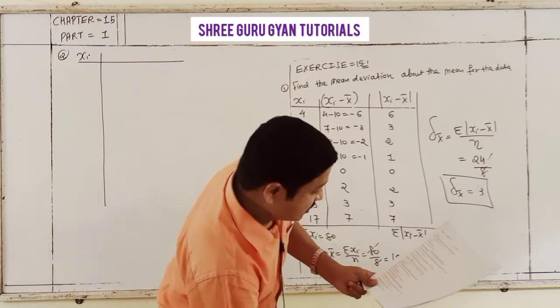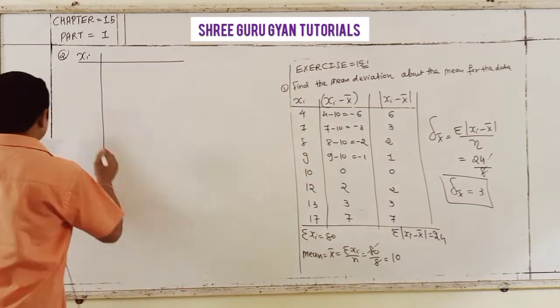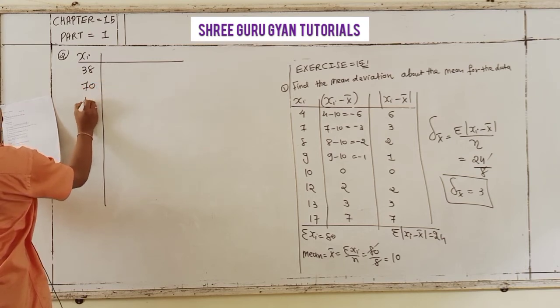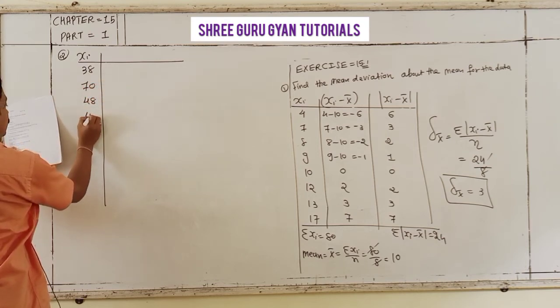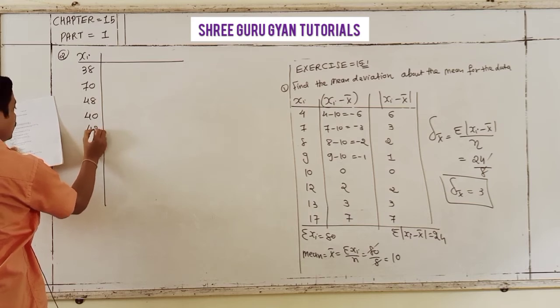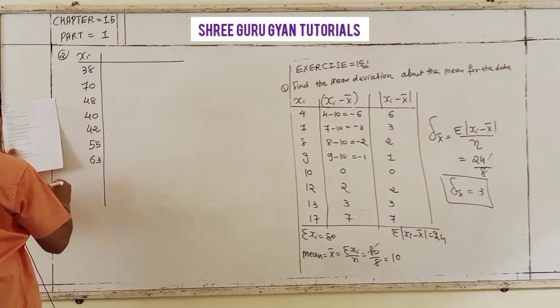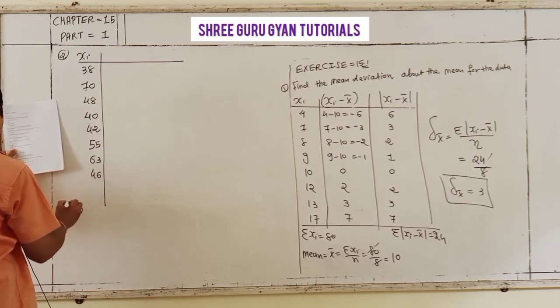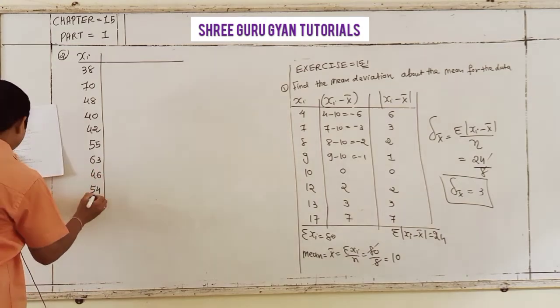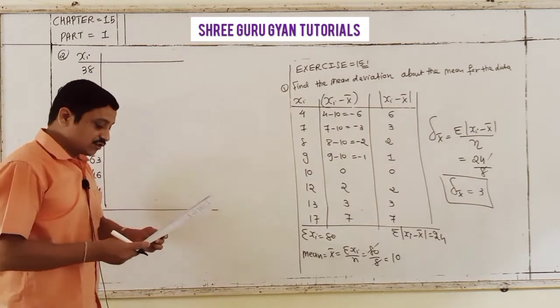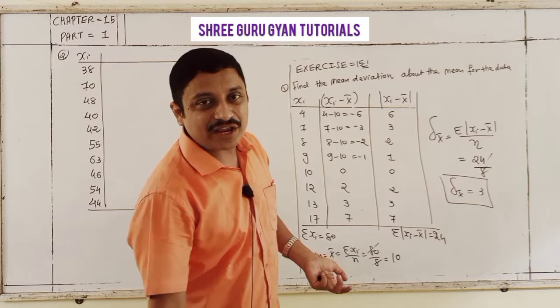So in xi, students, your observations are 38, 70, 48, 40, 42, 55, 63, 46, 54 and 44. You add these first of all, and then you find your mean.